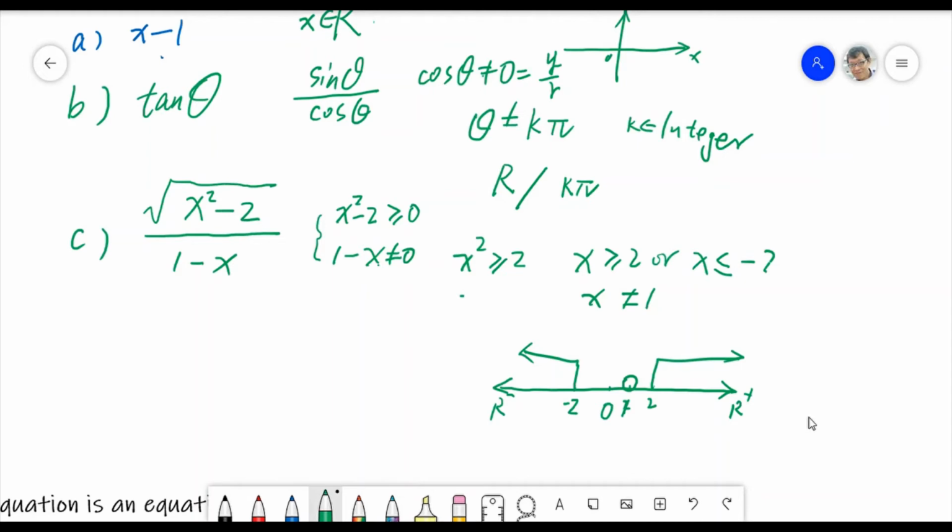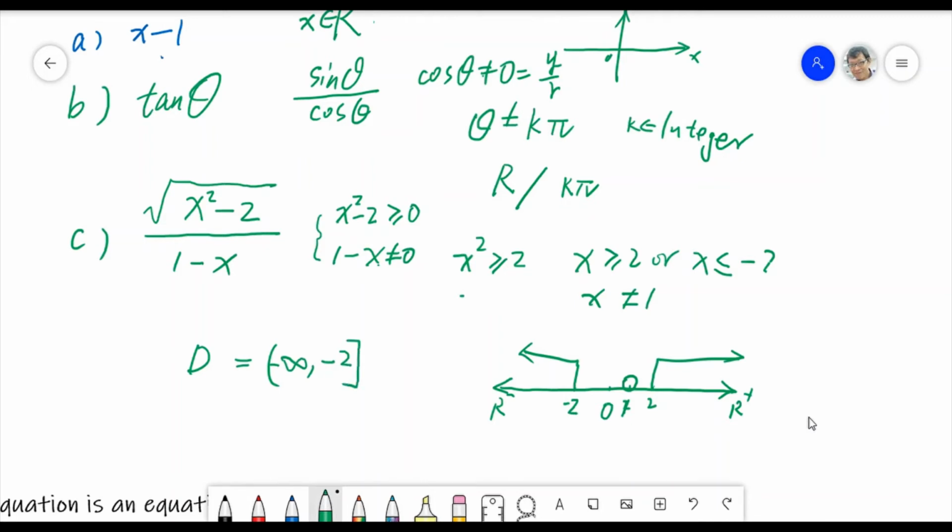So the domain will be what? Look here, this group sign, right? I will write negative infinity, so go to negative infinity, and then negative 2, and then bracket, because it's included.